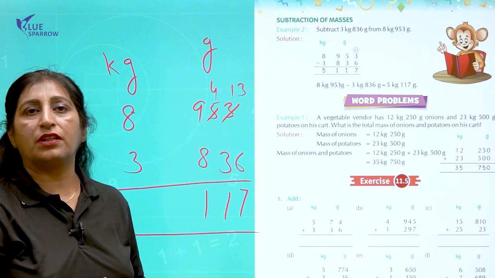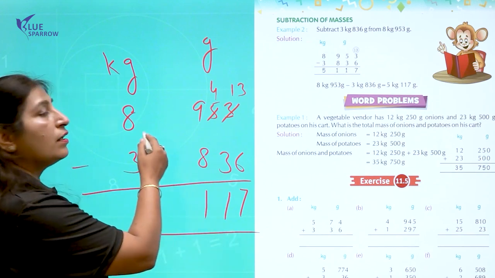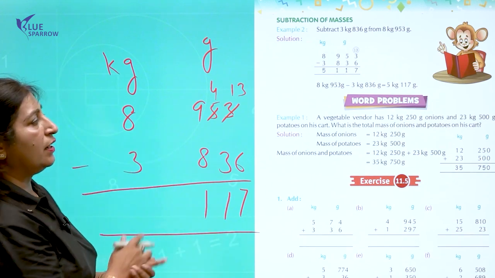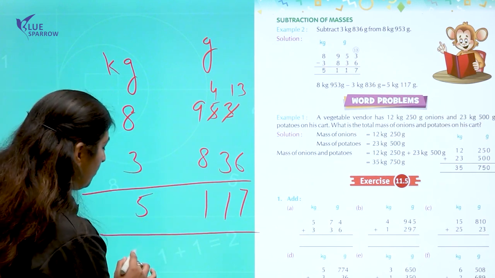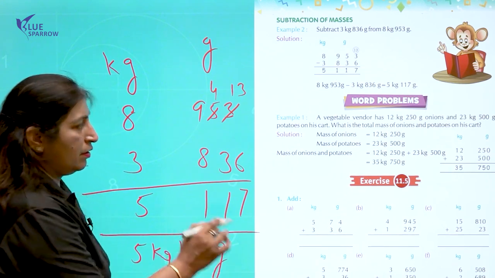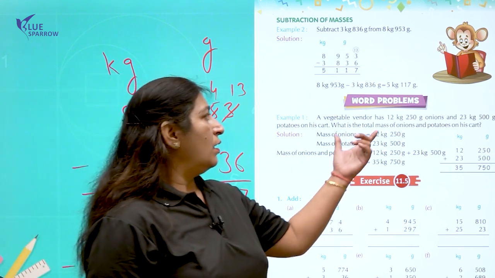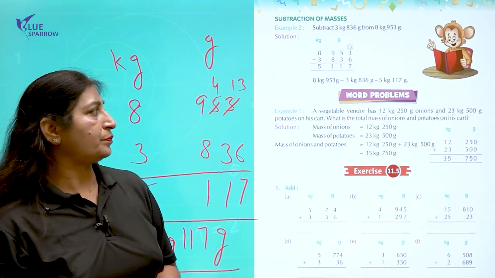So the subtraction of grams gives us 117 gram. And if we subtract 3 from 8, it gives us 5. So your answer is 5 kilogram 117 grams. Right?